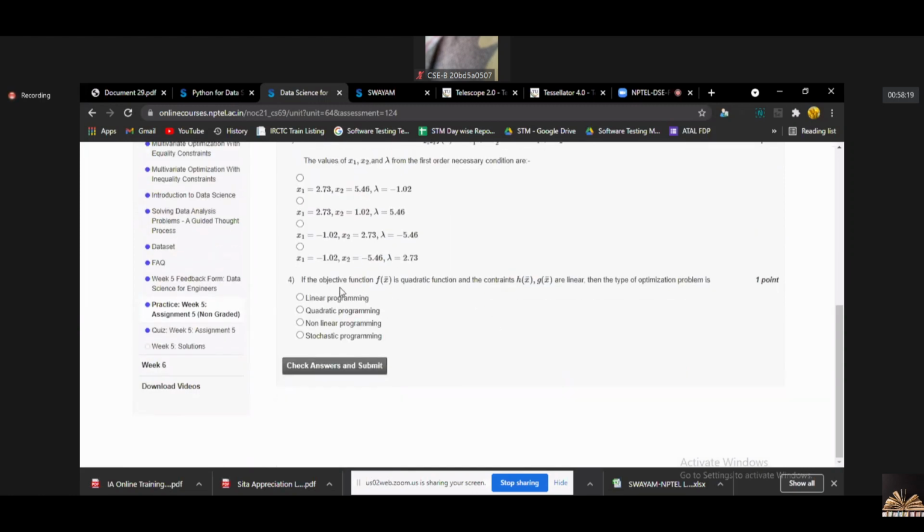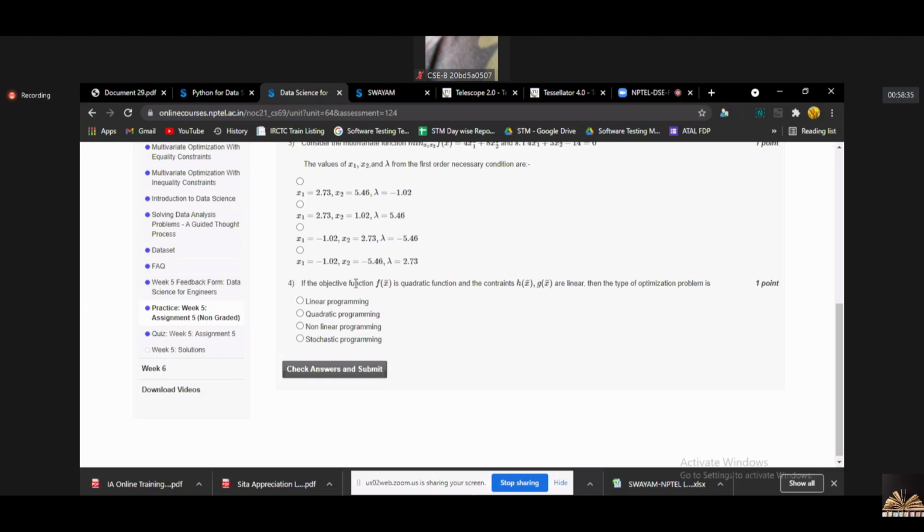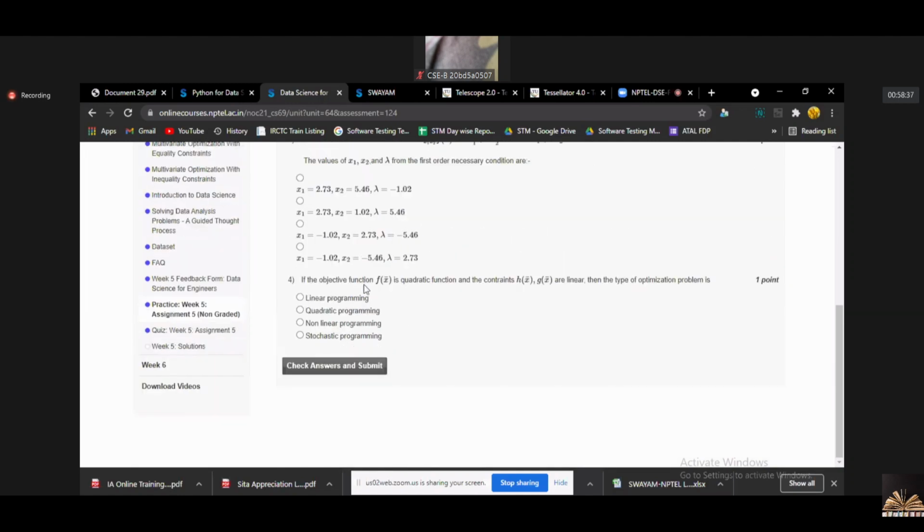Now here, if the objective function f of x bar is a quadratic function and the constraints are linear, then the type of optimization problem is quadratic programming. I already told you in yesterday's session that in the week 4 assignment, when the objective function, equality constraint and inequality constraint are all linear, it is a linear problem.